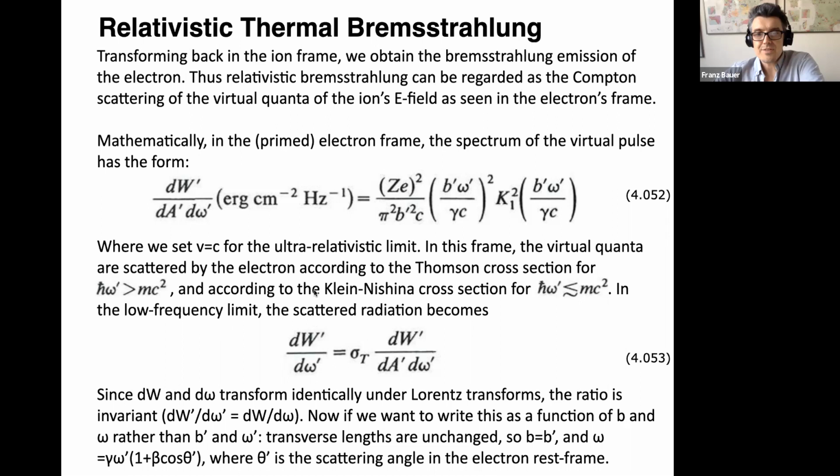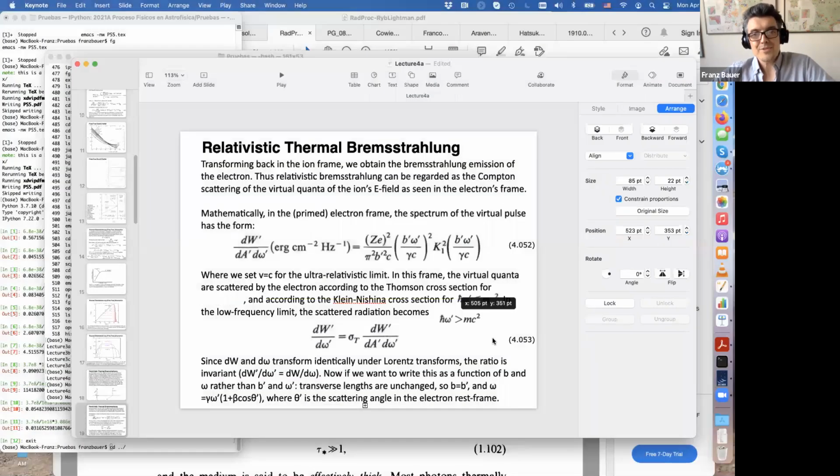Let's see. I feel like I have it incorrect. I think I have these mixed up. I changed the font and I think I screwed them up. Sorry about that. Okay, that is much less confusing now.